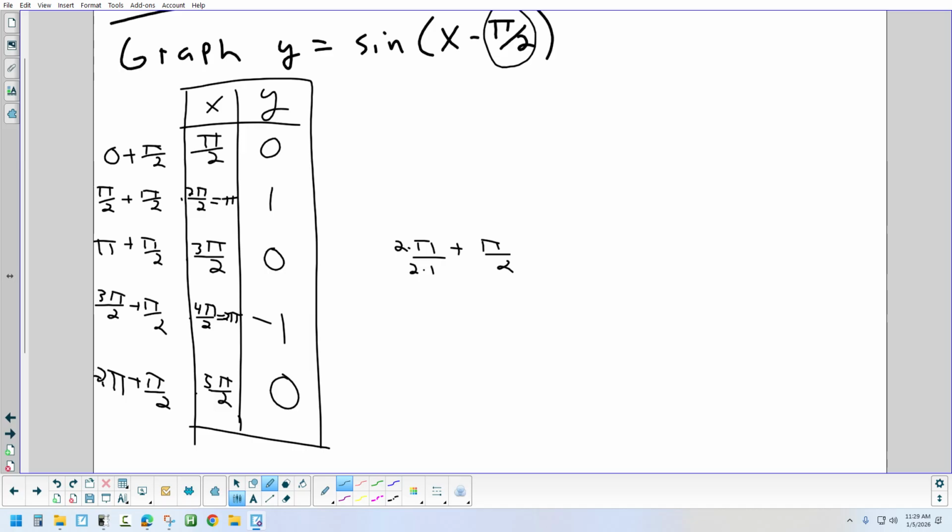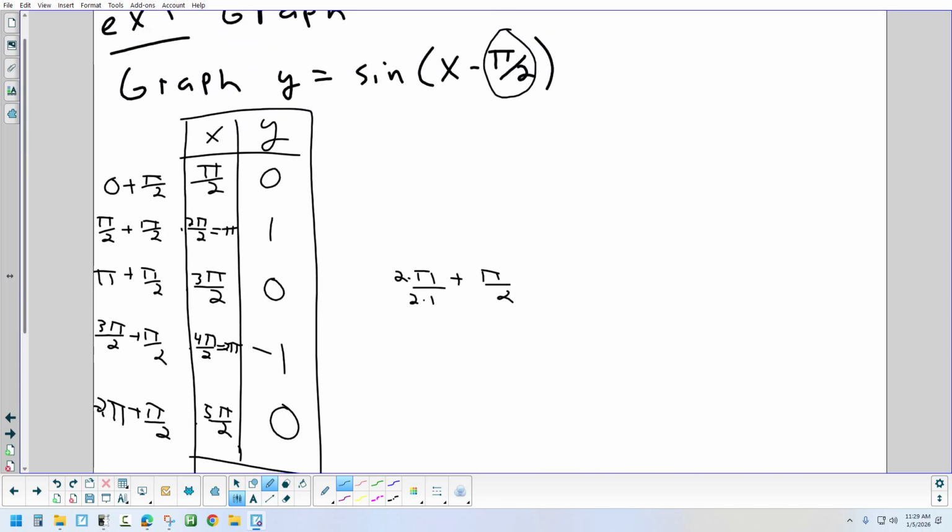Any questions on how we added pi over 2 to all the originals to get all the new ones? Okay. So now let's graph it. These are the values we started with. Are these values all equally spaced, the ones we started with? Yeah.